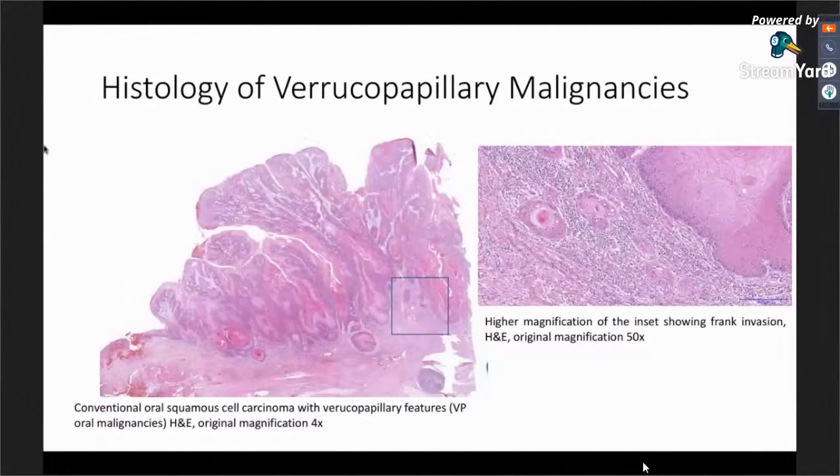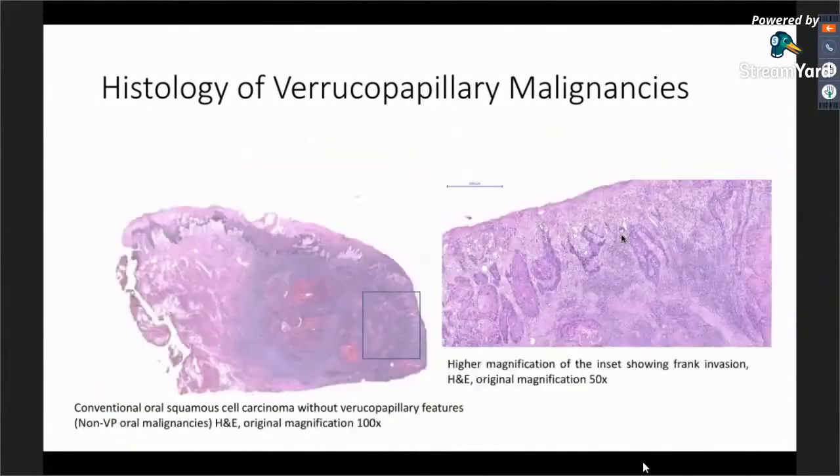They are conventional because you see these papillary features above the normal. However, when you look deeper, you can see that they are invading here, and the invasion has all the features, the islands and the pleomorphism, all the features of a conventional squamous cell carcinoma.